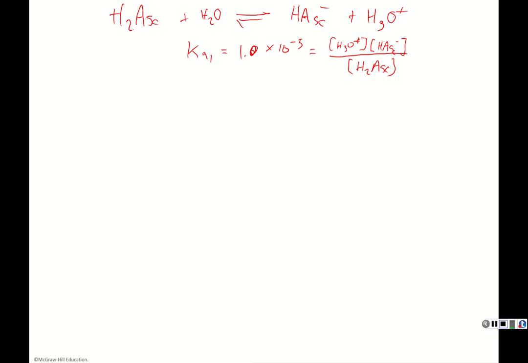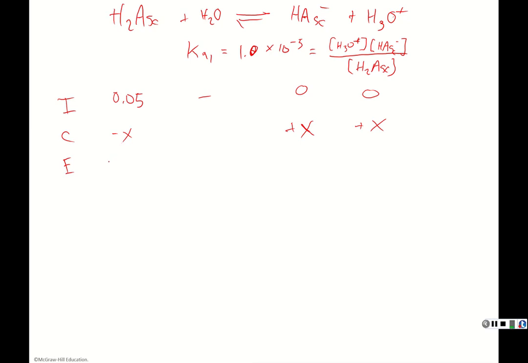So our reaction table, initial, change, equilibrium. Our initial concentration we were given as 0.05, and these are zeros. Change minus x, even though we don't really consider it, plus x and plus x.